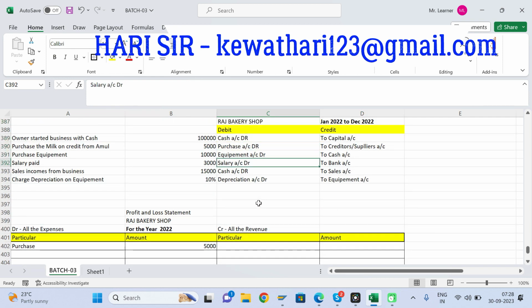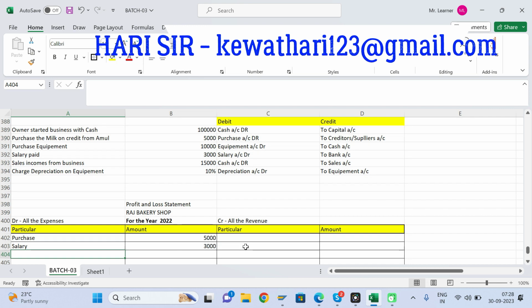Now salary is an expense. So put it in the expense side here. Salary, how much? 3,000 rupees. Then you are making the payment through the bank. Previously, there is no bank balance. You are directly making your payment.